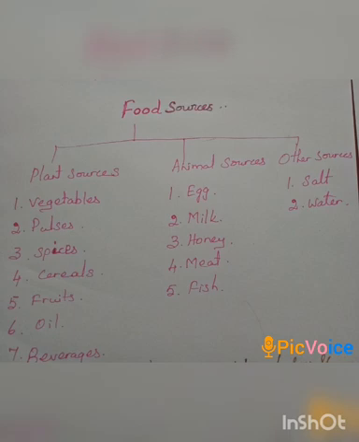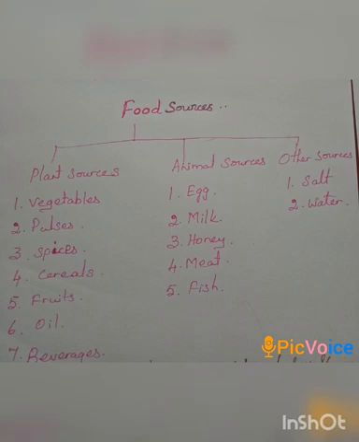The second one, pulses. These are plant seeds. They contain proteins. Kidney beans, rajma, pigeon pea, black gram, urad, peas, grams, channa, etc. The third one, spices. Powders or seeds that make our food tasty.